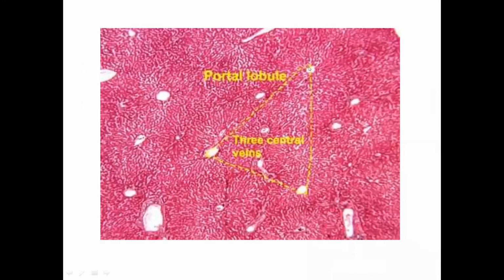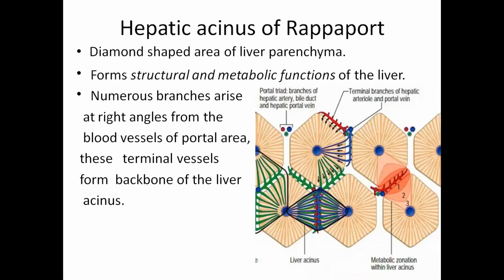Here you can see a micrograph, 3 central veins of 3 adjacent liver lobules, and here you can note the portal area. Hepatic acinus or liver acinus. It is a diamond-shaped liver acinus.